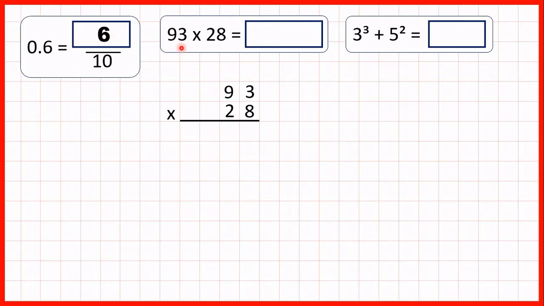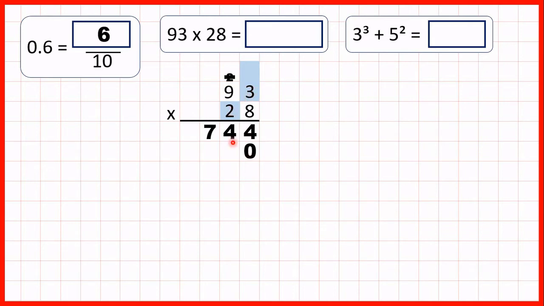Now 93 times 28. 3 times 8 is 24, so 2, 4. 9 times 8 is 72, plus 2 is 74. Now we cross out our working, and we're going to now multiply 93 by 2, but because the 2 is in our tens, we need a 0 in the ones of our second answer line.